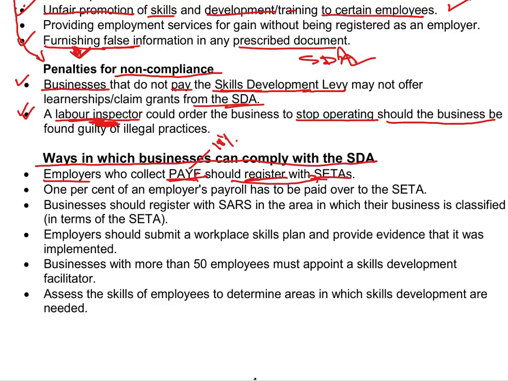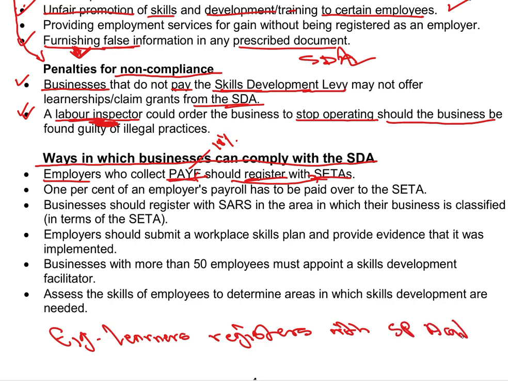Okay, let me do this. Let's use this example, e.g., learners register with SP Academy, pay the levy.